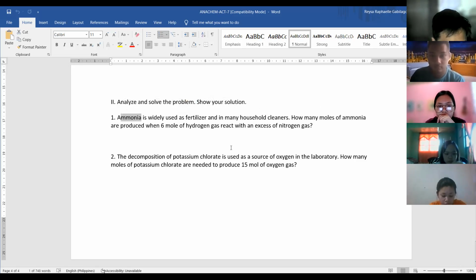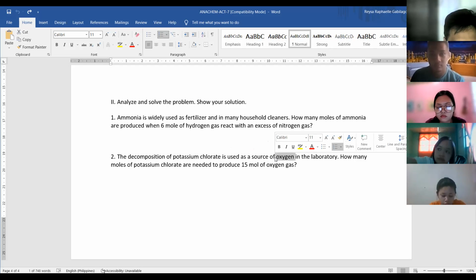And then the second part, the decomposition of potassium chlorate is used as a source of oxygen in the laboratory. Take note of the chemical reaction, it's decomposition. Decomposition of potassium chlorate, and ano yung magiging products of the decomposition, isa na dyan si oxygen.